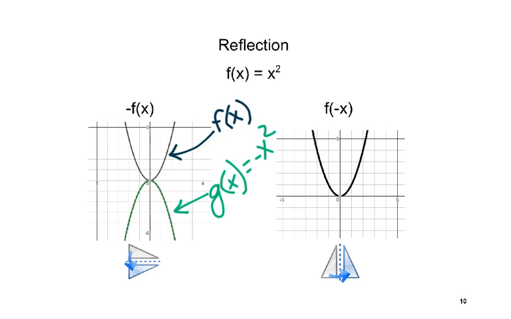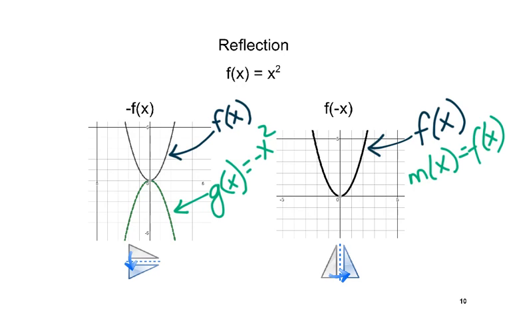Whereas with this one, we're seeing f of x, but the funny thing is we know that m of x equals f of x. So you don't see it, but it's actually the same exact function. It's just one on top of the other. All right? So that is the reflection across the x and y axis of a function.